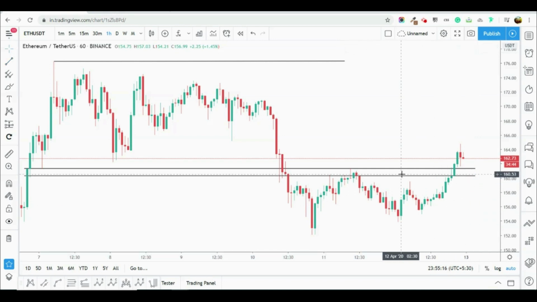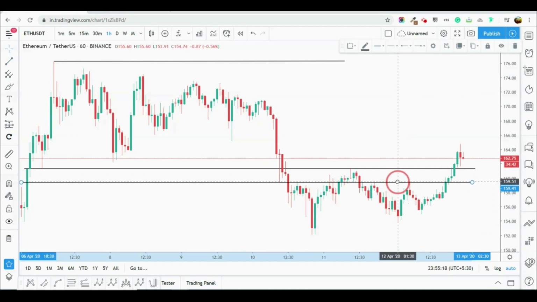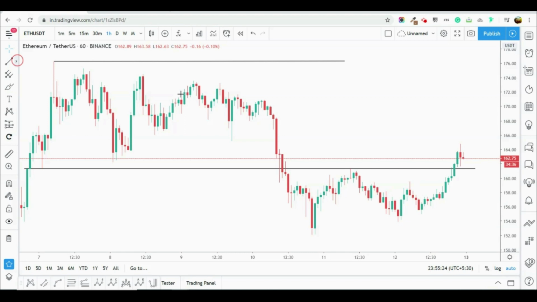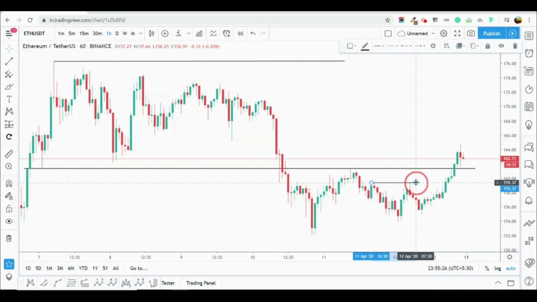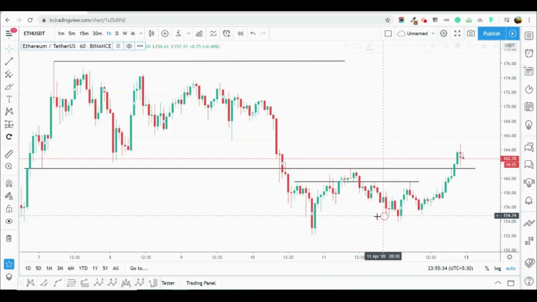What is the next significant area? Is there any significant area at this point? If you argue that this is a significant point, then let's draw it like that. You can see this is a significant point, but this candle's body is formed above this line.